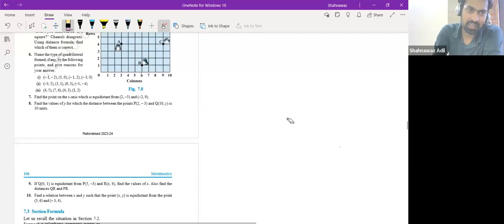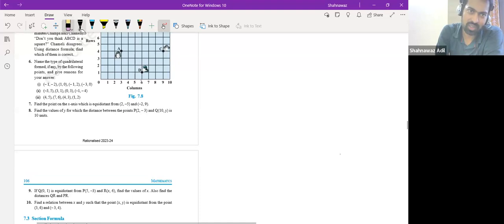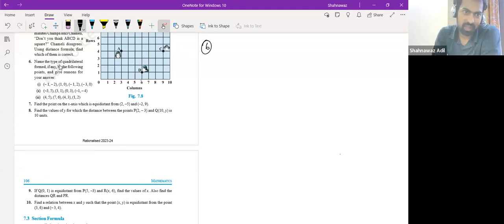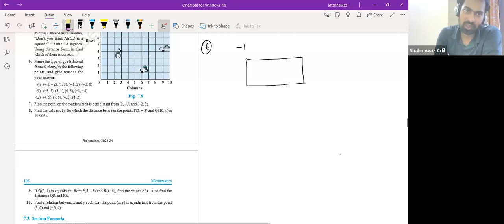Okay, the sixth question. This is your question. Name the type of quadrilateral formed, if any, by the following points and give reason for your answer. So we have (-1, -1). Sir, you're lagging a little bit.